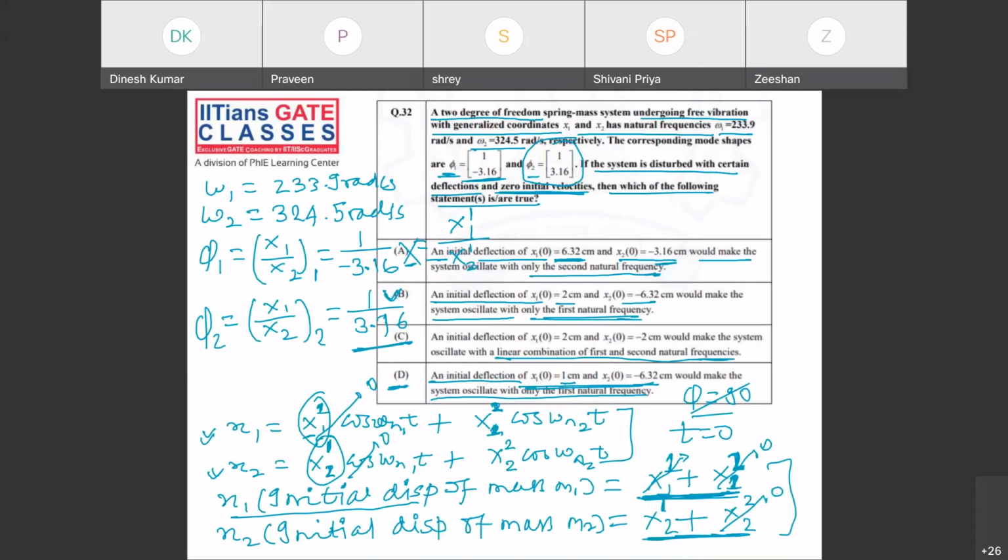Now GATE people have given C is also correct, and I am also saying C is correct. Now how we can understand? So to understand this, you can see when there is an initial deflection, this x1 is 2 centimeter and x2 is minus 2 centimeter, and they mention the system vibrates in the combined mode. So combined mode means what? This mode where you can see omega n1 is also there and omega n2 is also there.